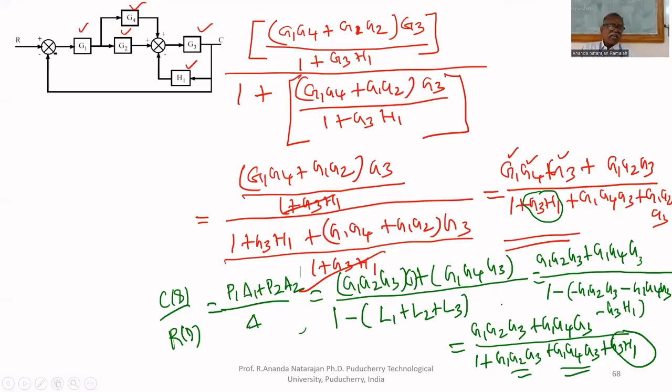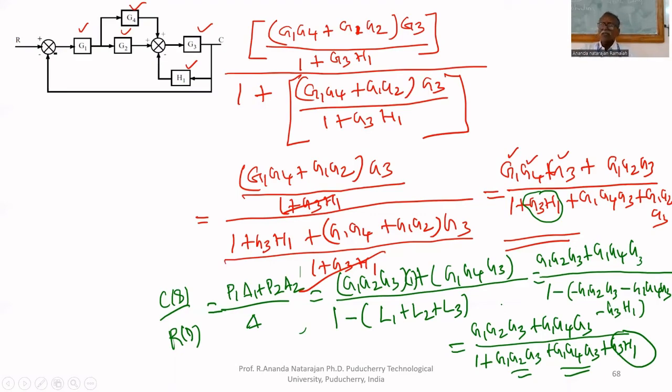Sigma Pk delta K upon delta, or 1 by delta multiplied by sigma Pk delta K. What is Pk? K is the number of forward paths. It varies from graph to graph. In this case, the number of forward paths equals 2, therefore K varies from 1 to 2.